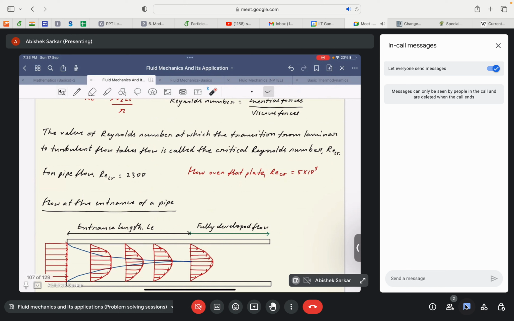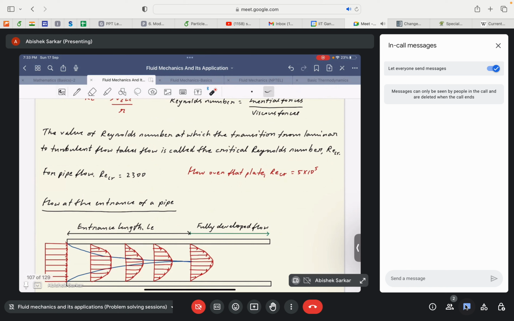In some books they may define it as 2000. I won't say that's completely wrong, but again I won't say it's completely right, because most of the books and authors that I have referred to give this value as 2300. So for this course at least, you can take the critical Reynolds number for pipe flow to be 2300.